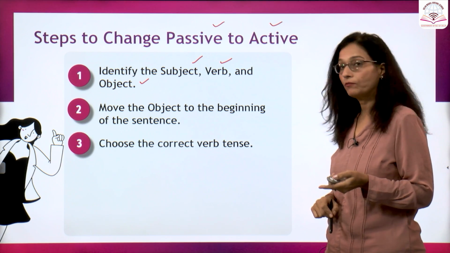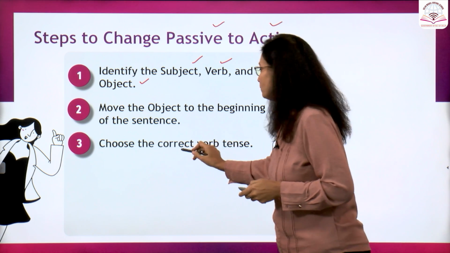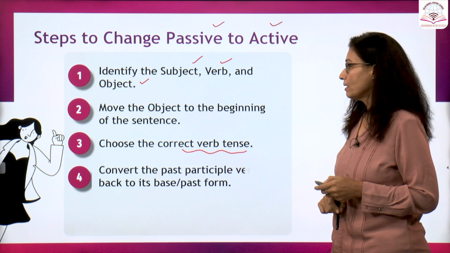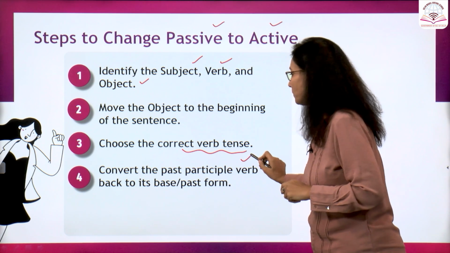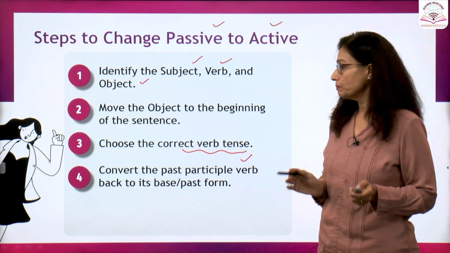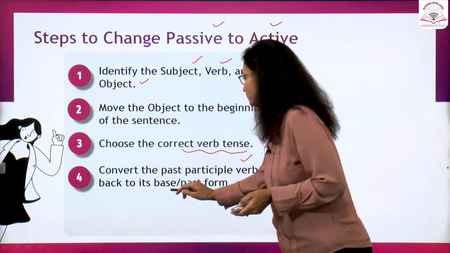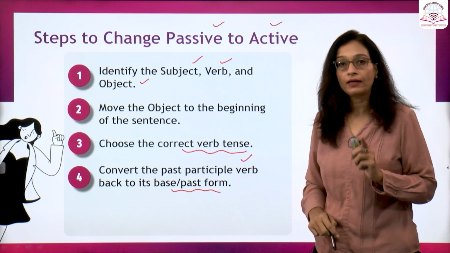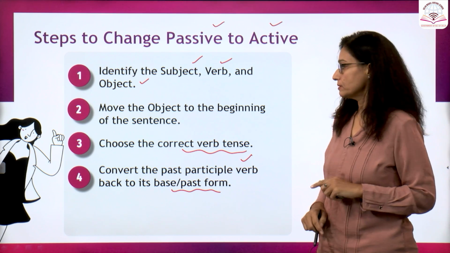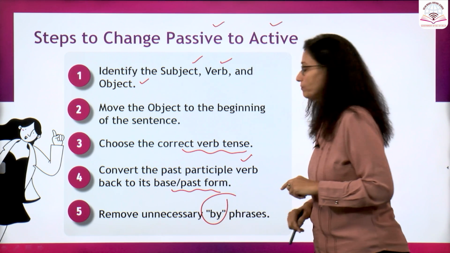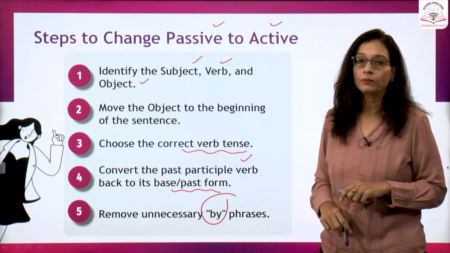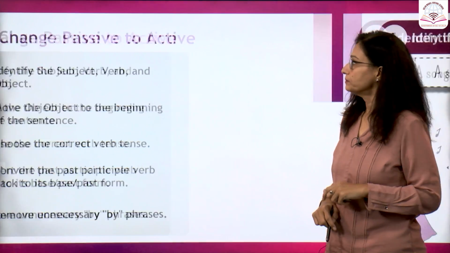The third step would be choose the correct verb tense. The fourth step would be converting the past participle verb back to its base or past form, depending upon the tense used in that sentence. And finally, remove the unnecessary by phrases. Let us perform these steps on a sentence.